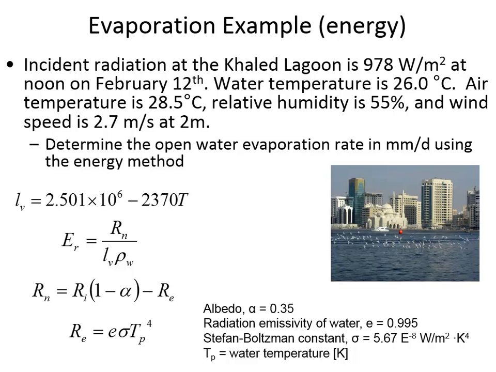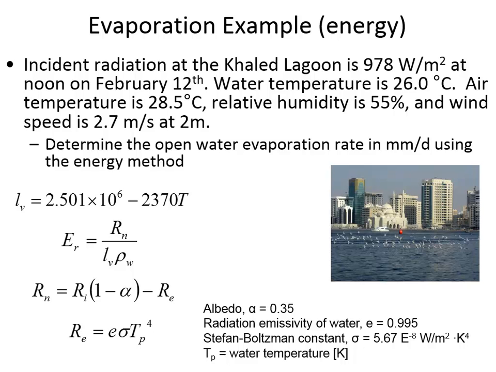There's 183.9 watts per square meter. It's an instantaneous measurement right at noon. This is how much energy is available to drive evaporation. It's the energy that wasn't reflected and wasn't emitted by the water itself.